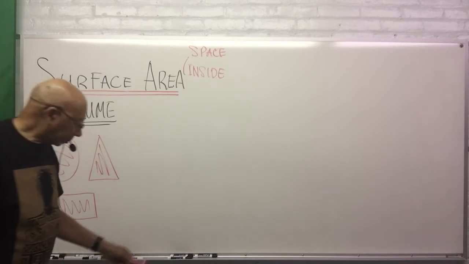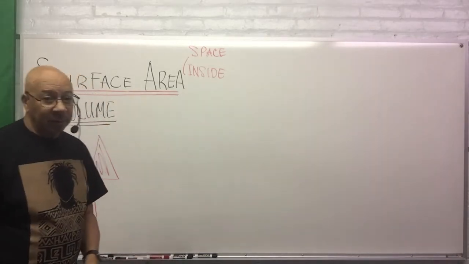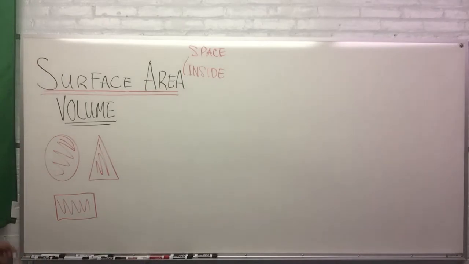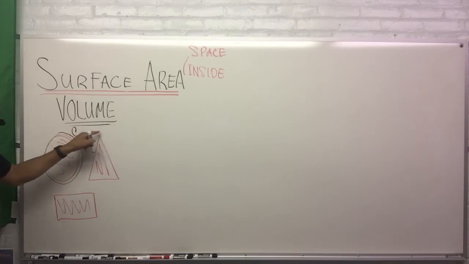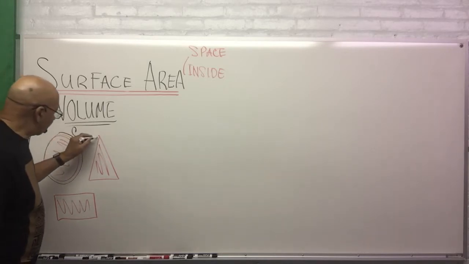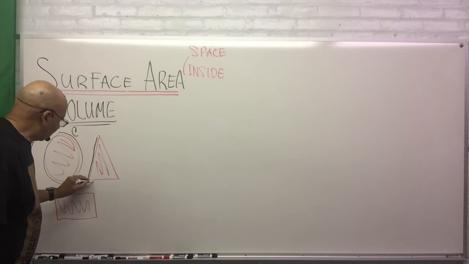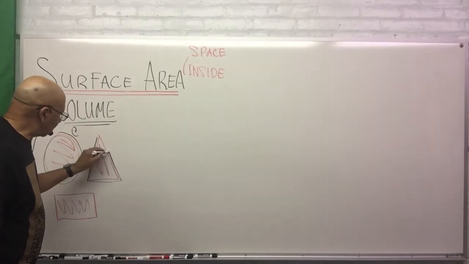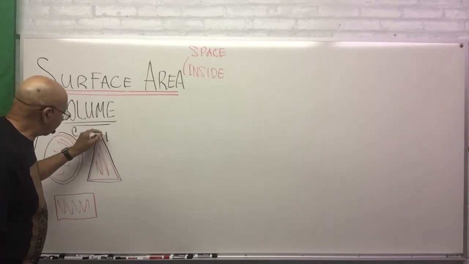Now, just as a quick review, since we have a circle, the area is inside of all of these, but the distance around the circle is circumference, which I'm going to just say C. The distance around this triangle, this three-sided figure, because tri means 3, is perimeter.